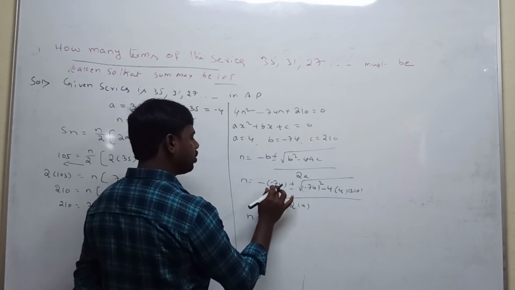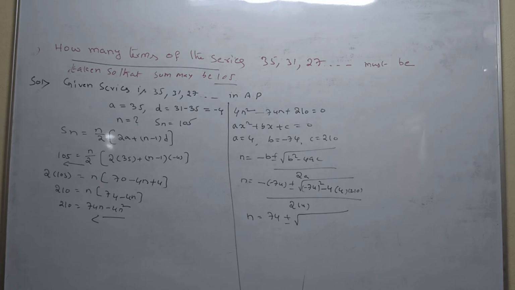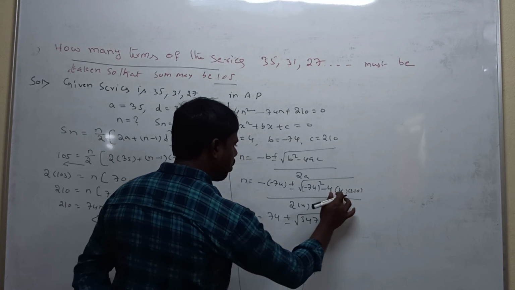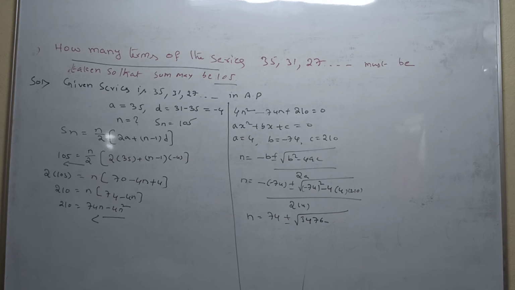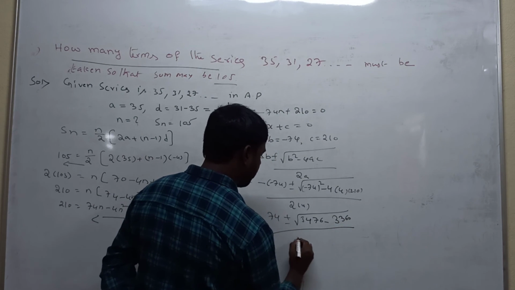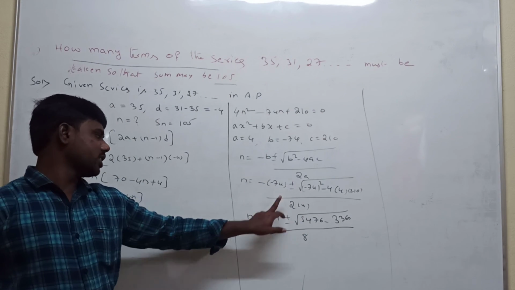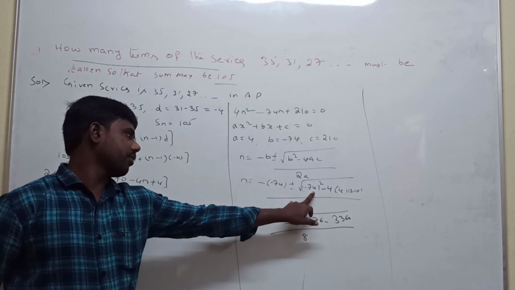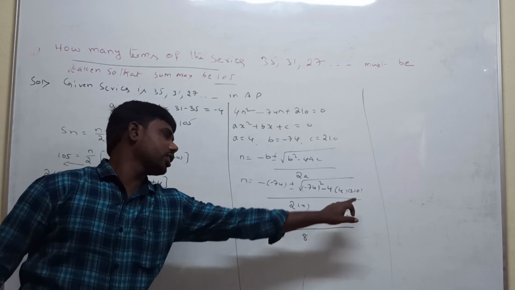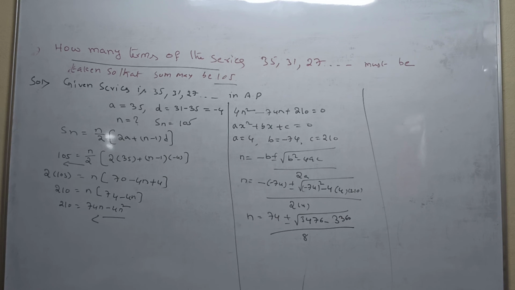Now n is equal to minus into minus 74 is plus 74 plus or minus square root of 74 square, the value is 5476, minus 4 into 4, 16, into 210 value is 3360, divided by 8. So now we need to find the n value.